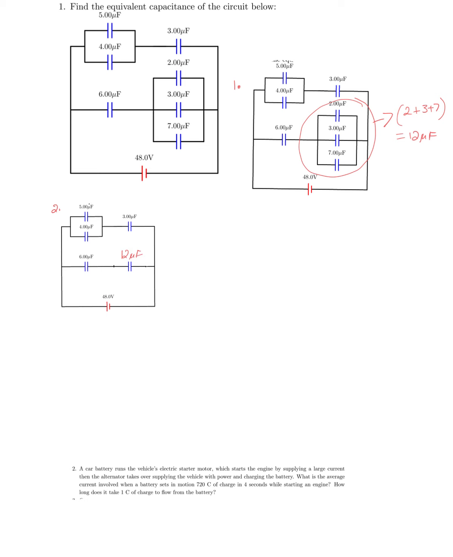Well, then the next thing we're going to do is combine these 2 together. Now these 2 are in series. And when you add capacitors in series, you take the reciprocal of the sum of the reciprocals. Let's put this in our calculator.